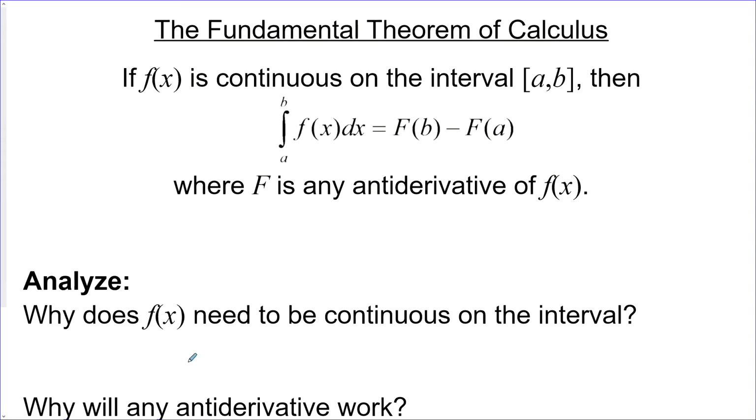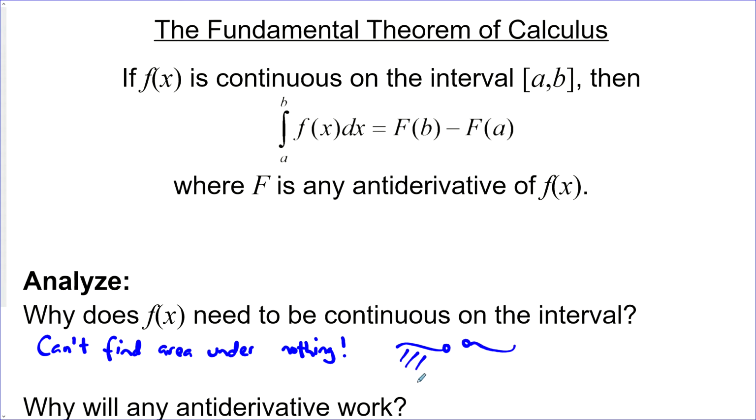Got a few questions. Why does f of x need to be continuous on the interval? Continuous means there wouldn't be any breaks or vertical asymptotes. Well, we can't find area under nothing. So if my graph here had a break, and I'll exaggerate this hole here, and just start it over here, and I'm trying to find area, and then what?